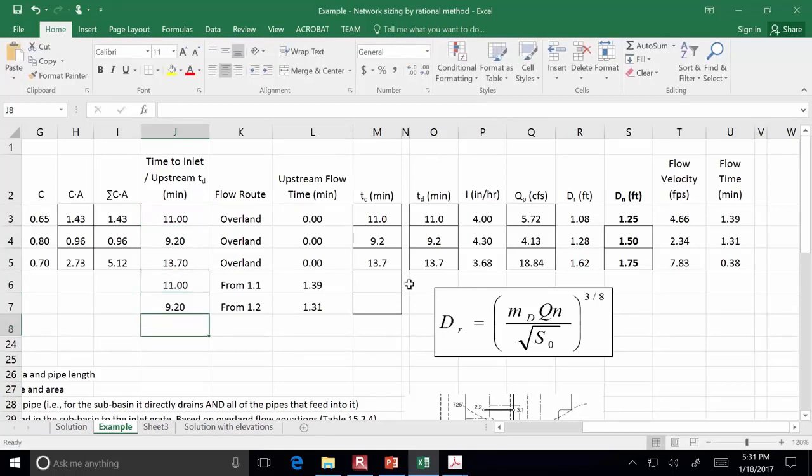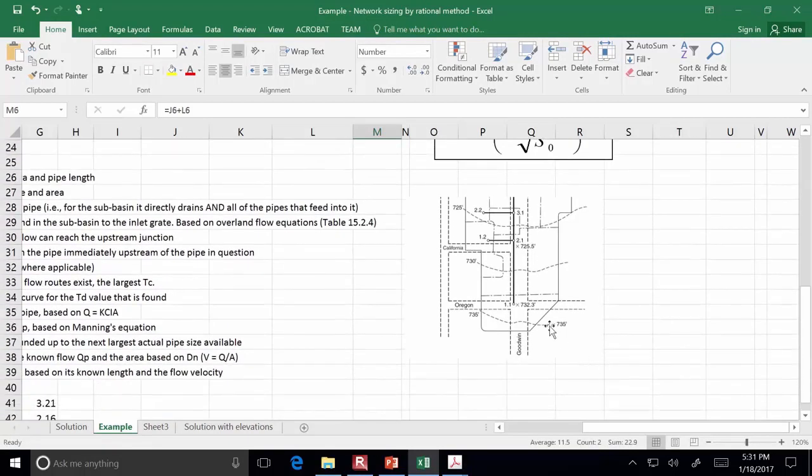So the total time of concentration is going to be the overland flow time and the upstream flow time. That's basically what we're talking about, is how long does it take for the water from this watershed to get to junction 2.1.